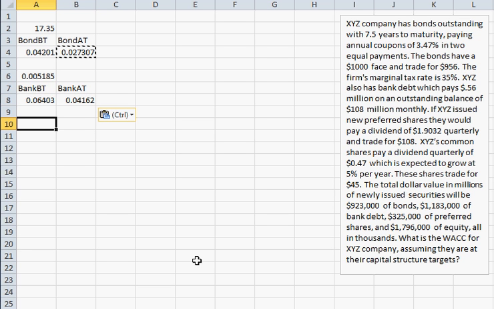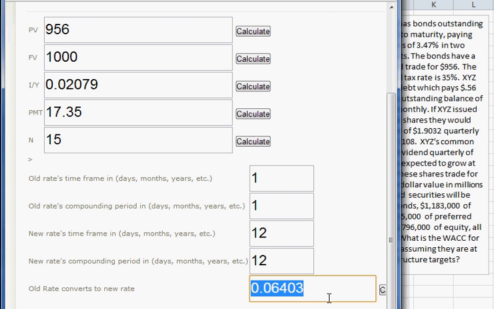Next up is preferred stock. We are receiving $1.90 every quarter. So if I take that $1.90 and divide by 108, that is our return per quarter. But we don't want a quarterly rate compounded quarterly. We want an annual rate compounded annually. So I will do that conversion in the financial calculator.